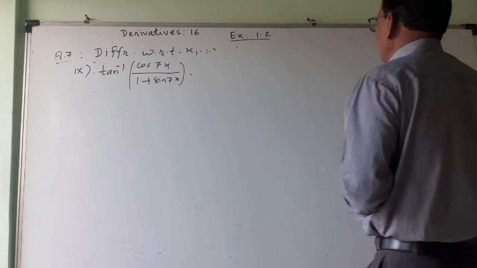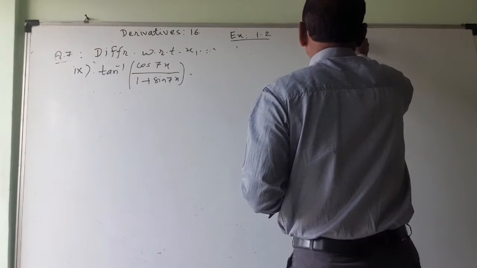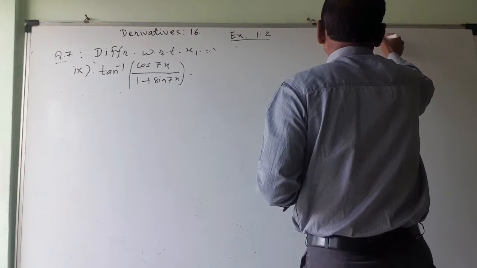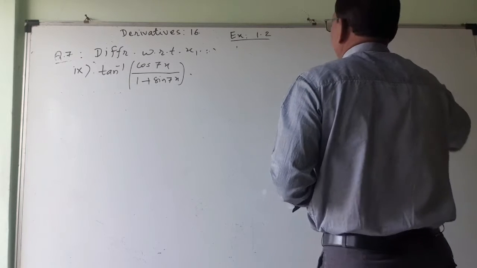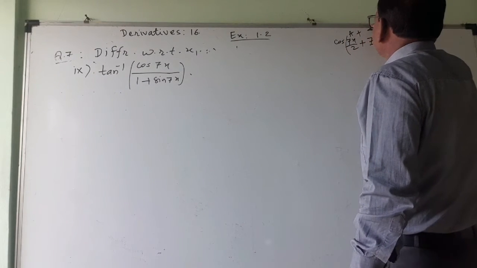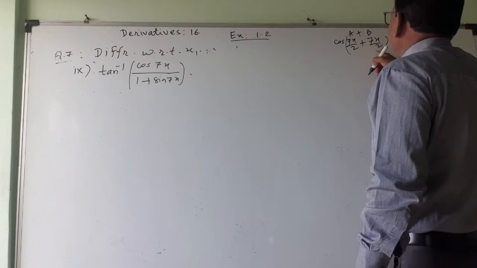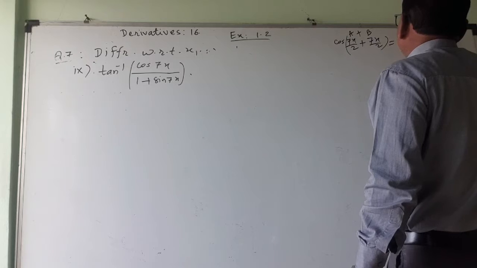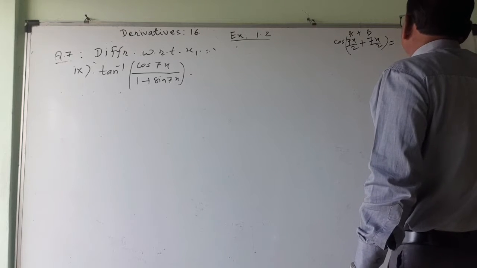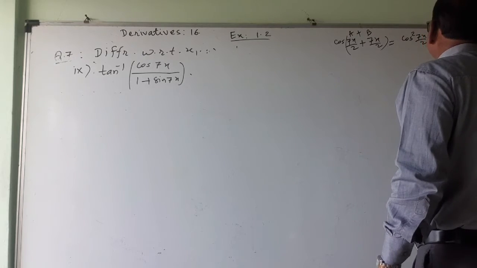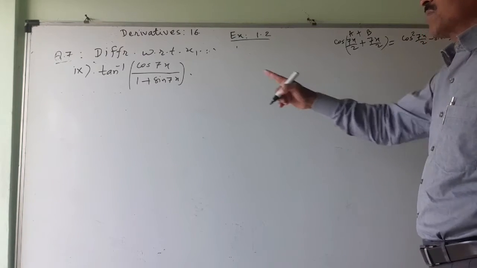This cos of 7x, I will make it as cos of 7x by 2 plus 7x by 2. This is the half angle formula. That is nothing but cos of A plus B, which is cos A into cos B minus sin A into sin B. That is equal to cos square 7x by 2 minus sin square 7x by 2. This is that part.